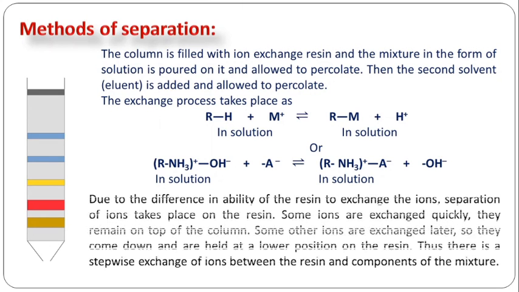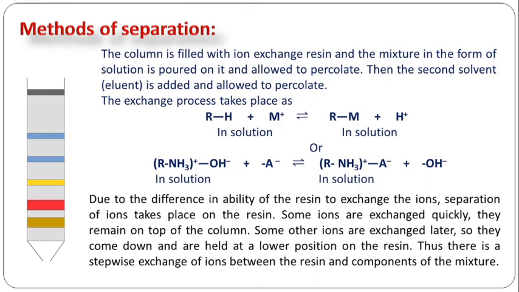Due to the difference in the ability of the resin to exchange the ions, this exchange is continuously going on. It's like adsorption and desorption taking place in the column chromatography. So due to the difference in ability of the resin to exchange the ions, separation of the ions takes place on the resin.